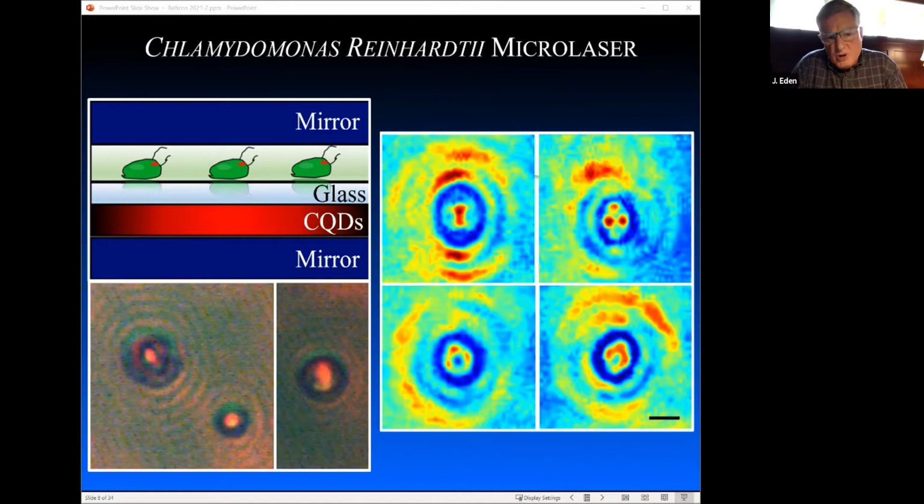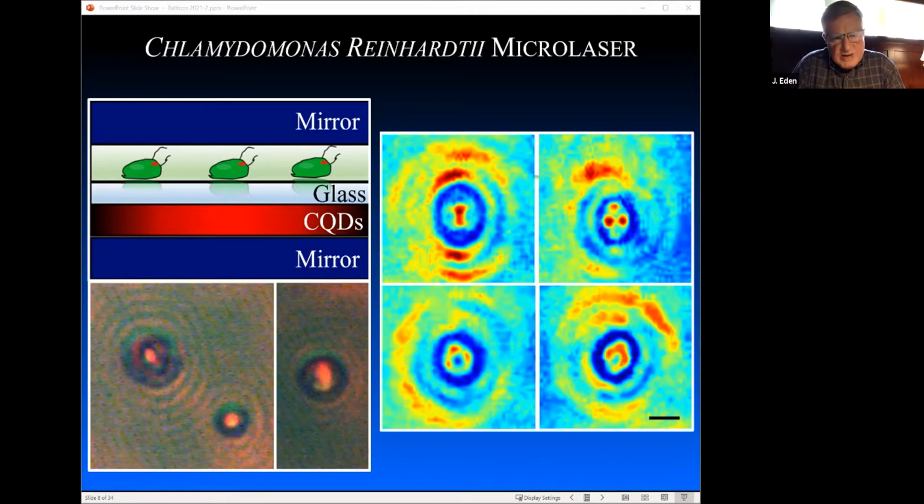So we did some experiments in which a type of algae cell known as Chlamydomonas reinhardtii, which we affectionately call clammy, can actually serve as the microspheres that you saw in the previous laser design.